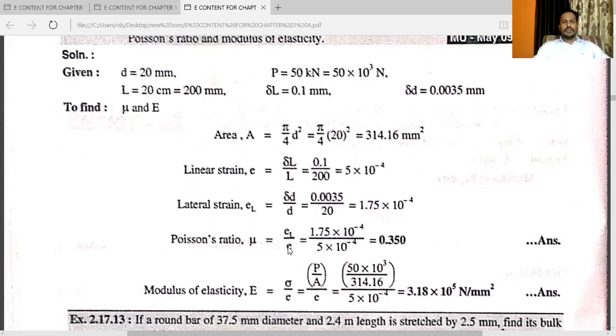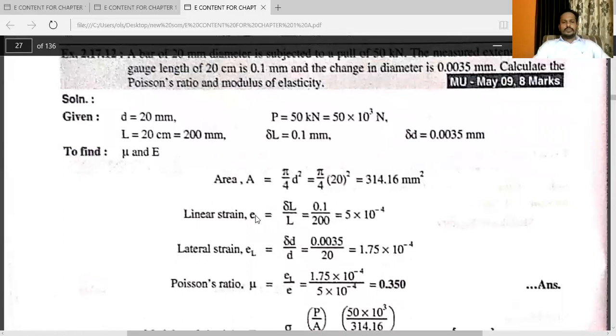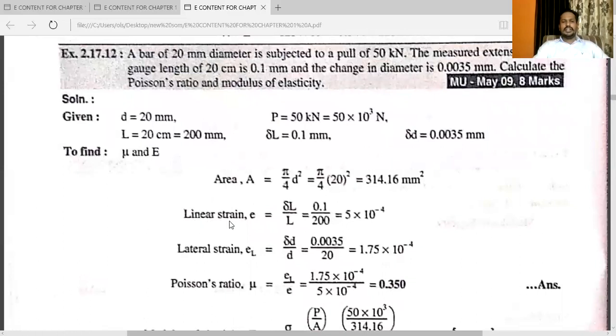So first of all, we have to calculate the value of lateral strain and linear strain. To calculate the linear strain, delta L upon L, we have the value of delta L, that is 0.1, and L is 200. So 0.1 upon 200, you will get 5 into 10 raised to minus 4. See, strain is a unitless quantity, so there is no unit.